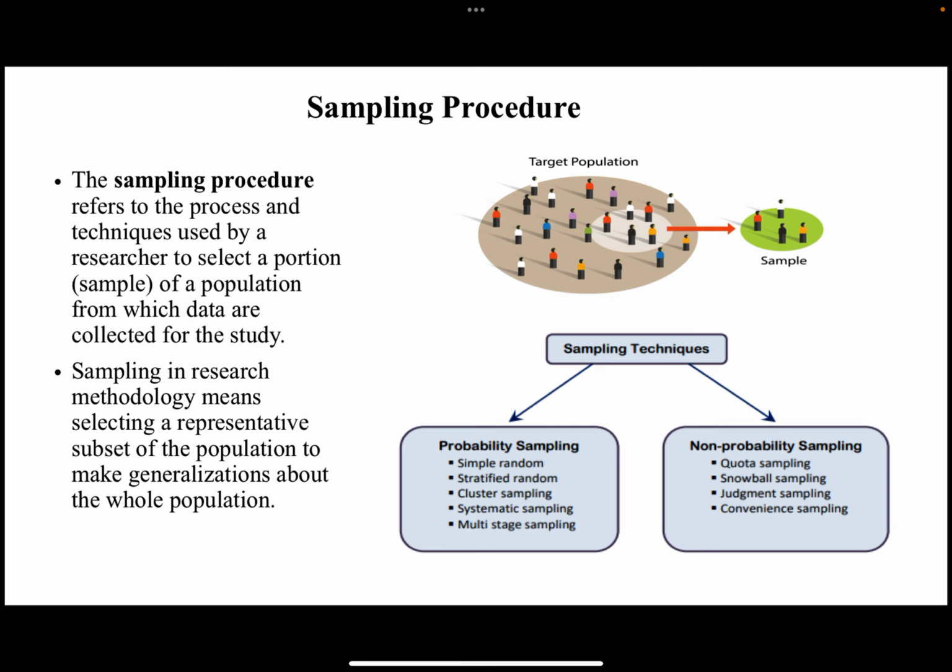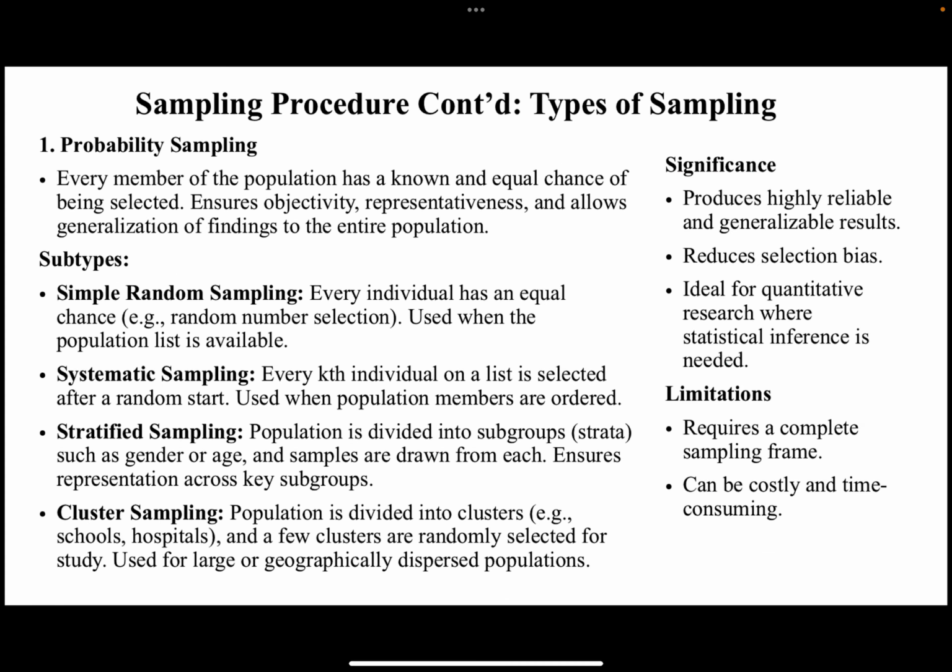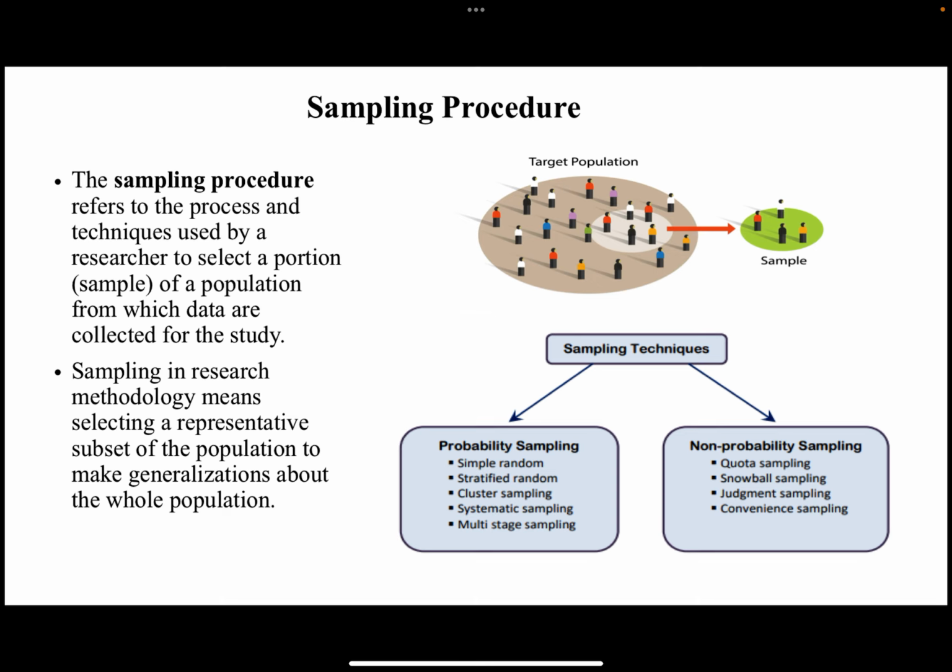Now, there are two main types. Let's look at types of sampling procedures or sampling methods or sampling techniques. Sampling methods are broadly divided into two main types: we have probability sampling and then we have non-probability sampling.